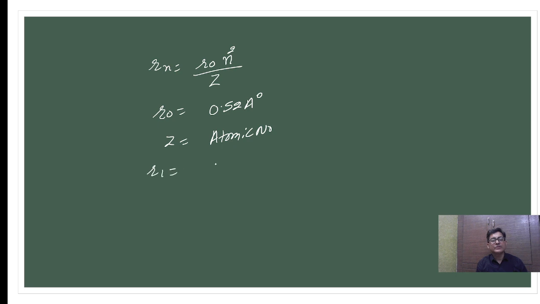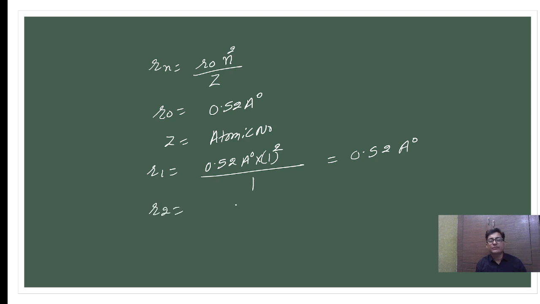So the radius of the first shell is 0.52 angstrom times the square of 1 divided by 1, as the atomic number of hydrogen is 1. So the radius of hydrogen is 0.52 angstrom, or we can say the radius of the first shell, the K shell, is 0.52 angstrom.